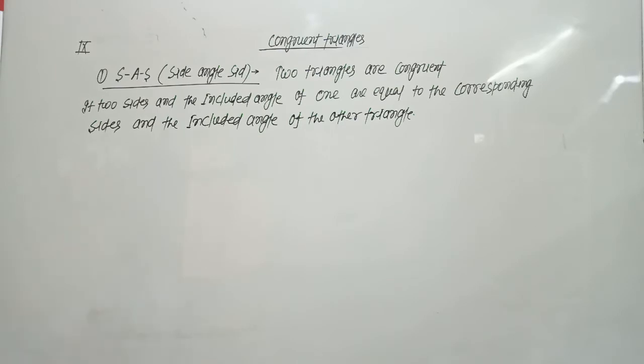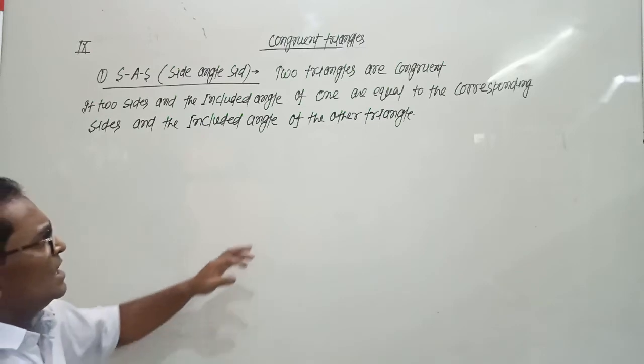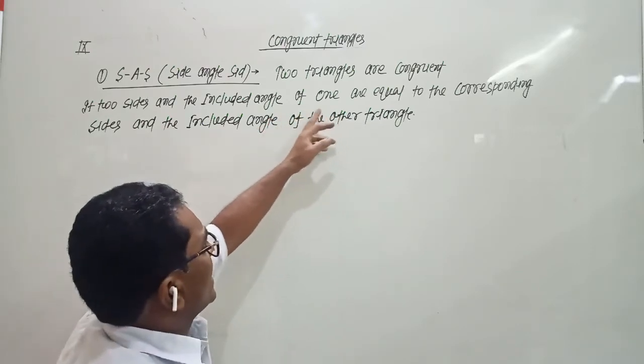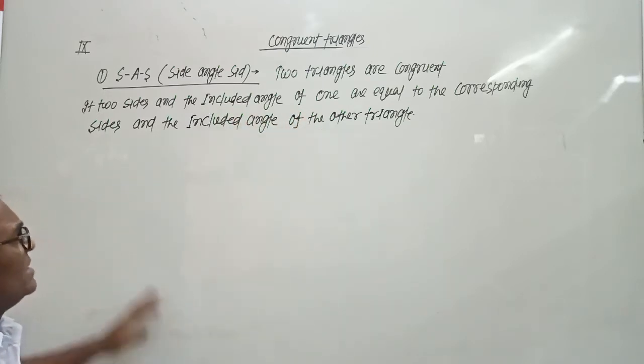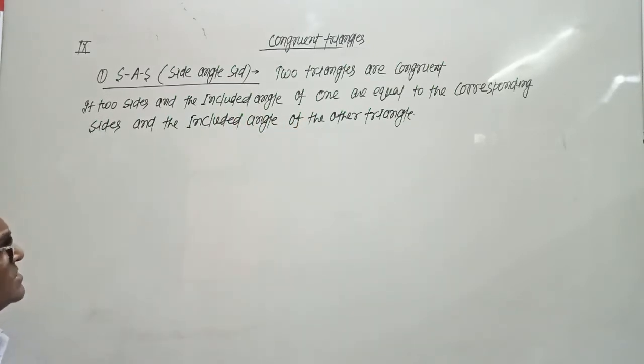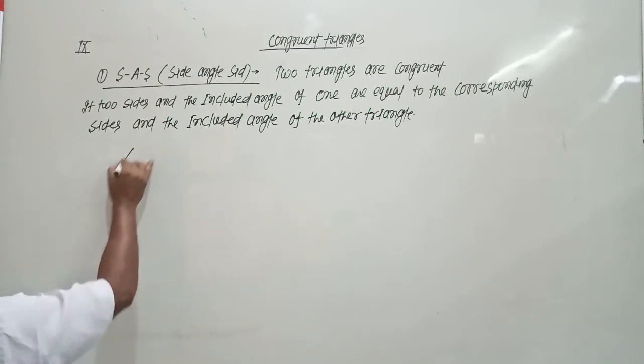Two triangles are congruent if two sides and the included angle of one triangle are equal to the corresponding sides and the included angle of the other triangle.